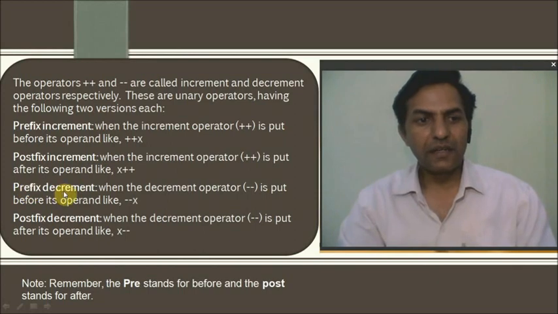Prefix decrement, when the decrement operator minus minus is put before its operand, like minus minus x. Postfix decrement, that is when the decrement operator minus minus is put after its operand, like x minus minus. Note, remember that pre stands for before and post stands for after.